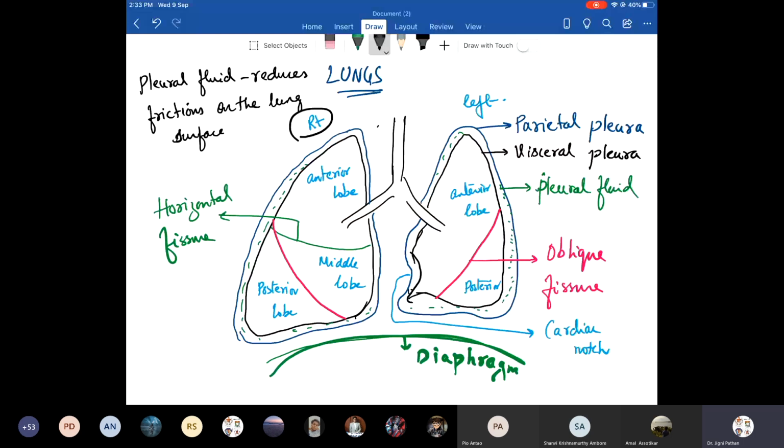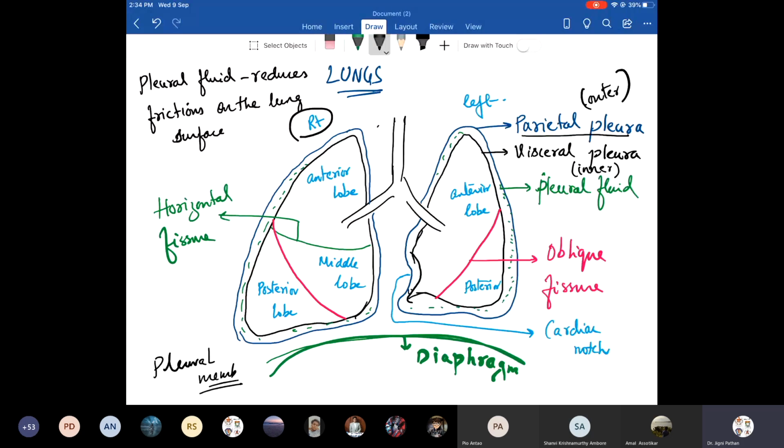The membranes of the lungs are called pleural membrane. What are they called? Pleural membrane. The outer is called parietal pleura and the inner is visceral pleura.